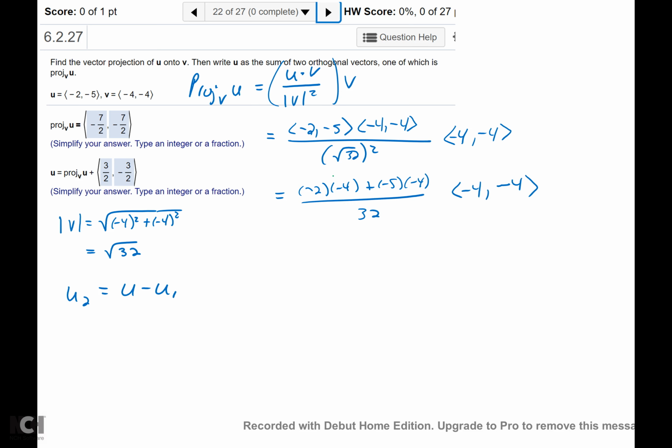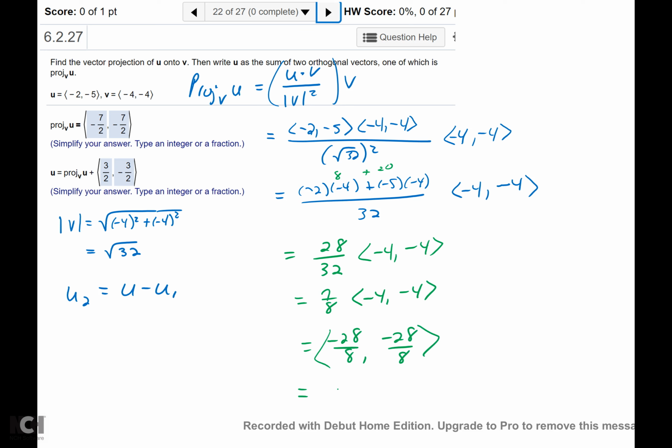On top, that gives me an 8 plus a 20, so that gives me 28 over 32 times negative 4, negative 4. If I reduce, that's 7/8, negative 4, negative 4. Distribute, you're going to have negative 28 over 8, negative 28 over 8. And that reduces down to negative 7/2, negative 7/2. So there's u1.